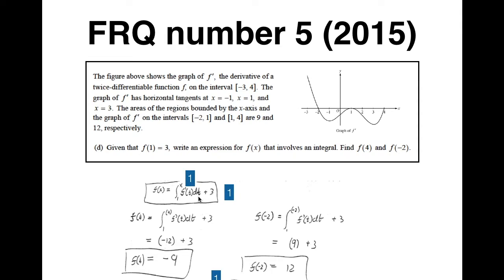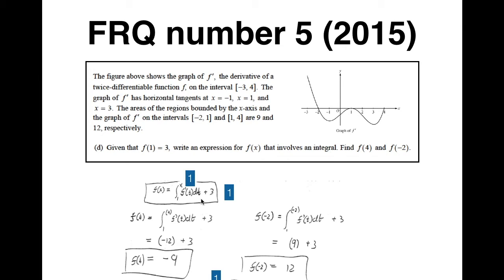If you forget the dt here, often it doesn't matter, but the way the student wrote it, if you wrote integral from 1 to x of f prime of t plus 3, then this expression is really wrong mathematically. So be careful, put the dt so that you don't make a small mistake.